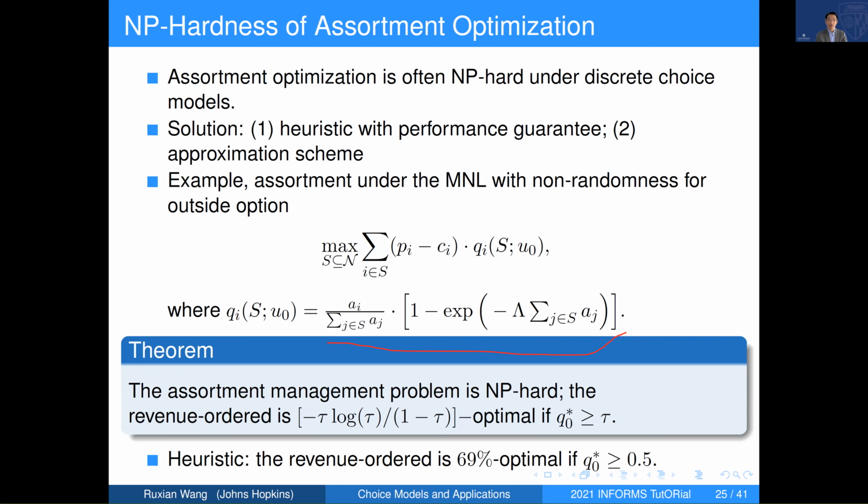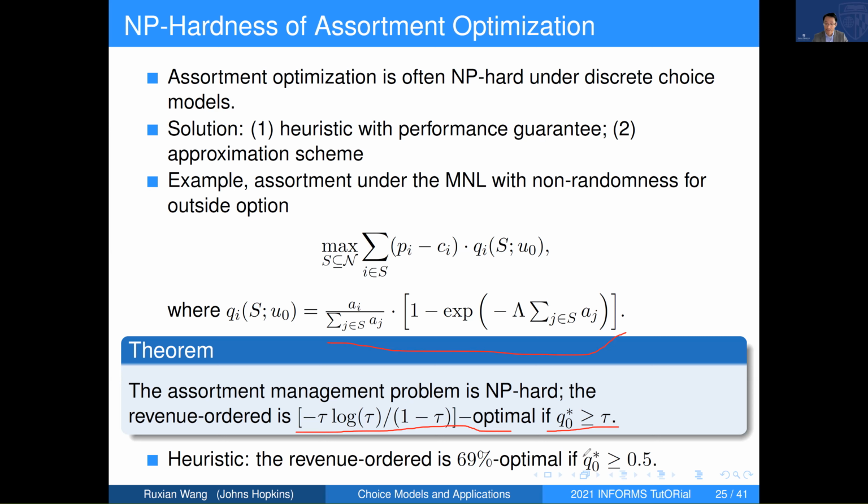For this NP-hard problem, we can study some heuristic, like the revenue-ordered assortment. We know there are not many revenue-ordered assortments, only up to n. We can show the optimality. Actually, it's not optimal, it's near optimal. It depends on the parameters. For example, if the choice probability for the no-purchase option at optimality is greater than tau, we find the revenue-ordered assortment is this much optimal.